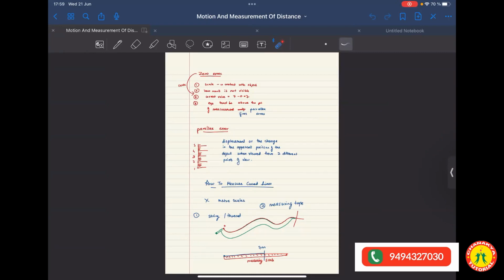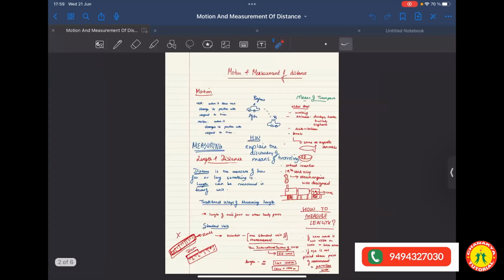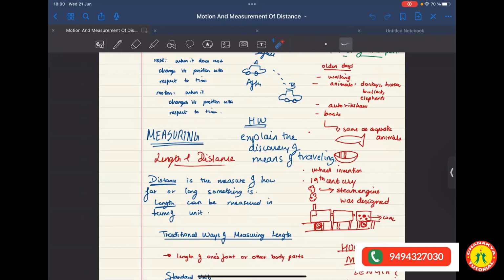All right. So apart from these, we also saw what is length and what is distance. Length is the measurement of how far or how long something is. So if you're buying cloth, you say this many meters of length I need. If you're going to travel to a place, this is the distance, these many kilometers I have to travel.